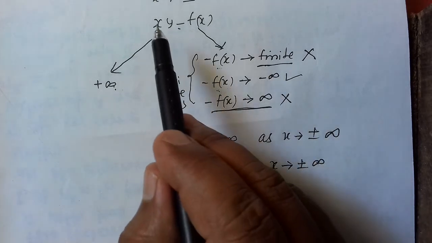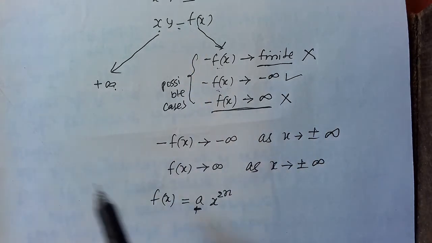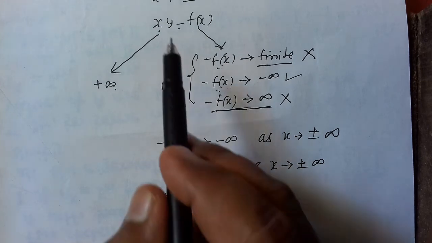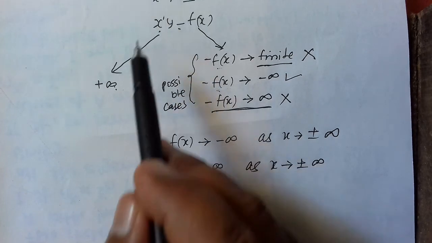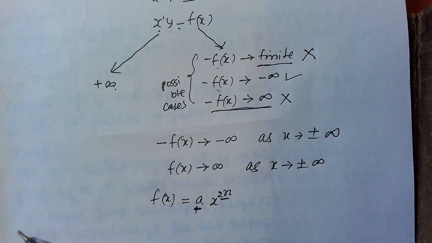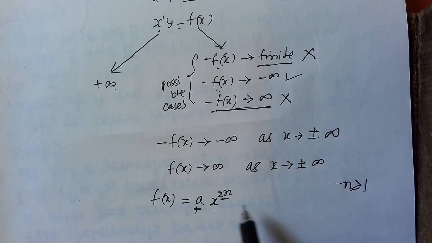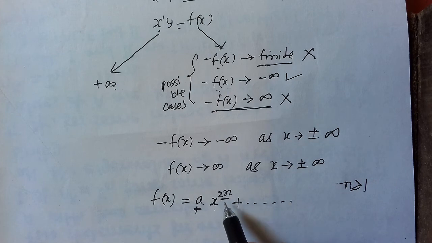Greater speed means here is x to the power 1, so you have to take the term with the highest power, and the power should be greater than 1, meaning 2. You cannot take 3 because 3 is an odd number, so you have to take 2, 4, 6 and so on. In general we can write this power as 2n, where n is 1 or greater than 1, and maybe some other terms whose power will be less than 2n.